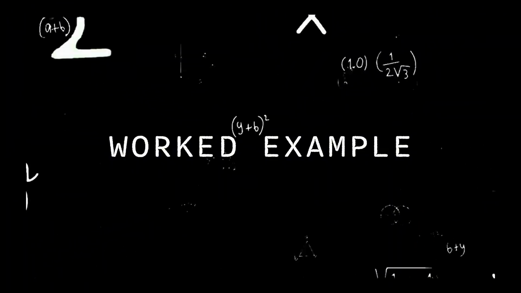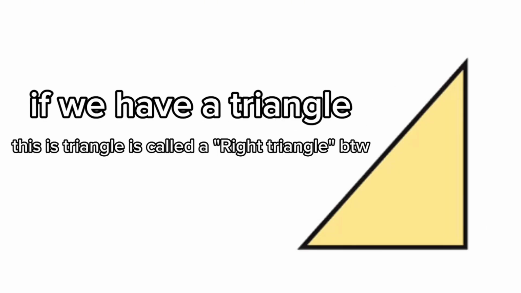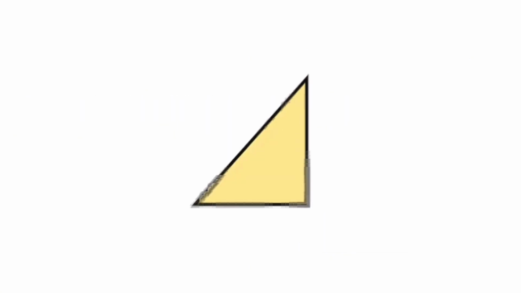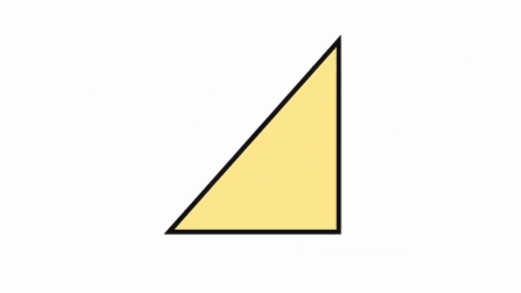Word example. If we have a triangle, this triangle is called a right triangle, by the way. The right triangle has a value of 12 and a question.